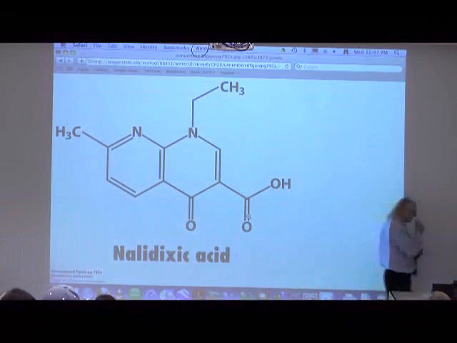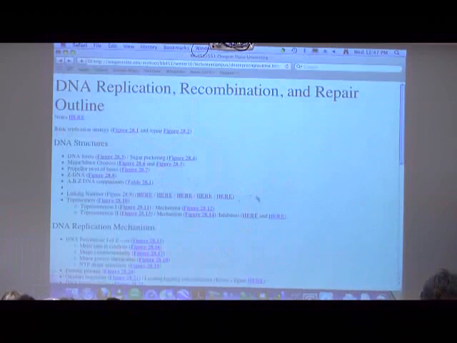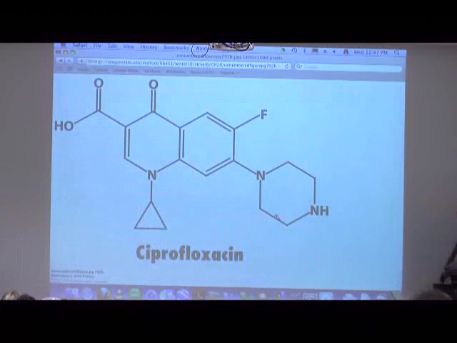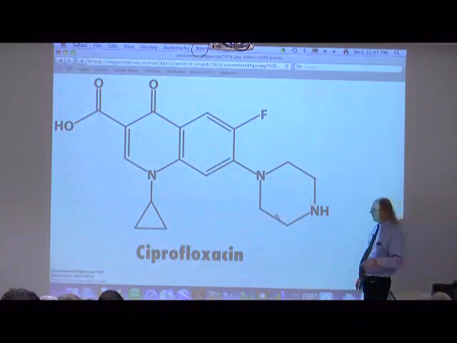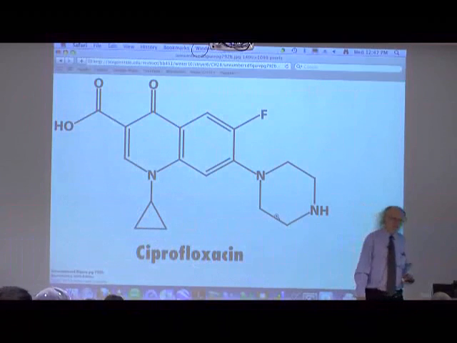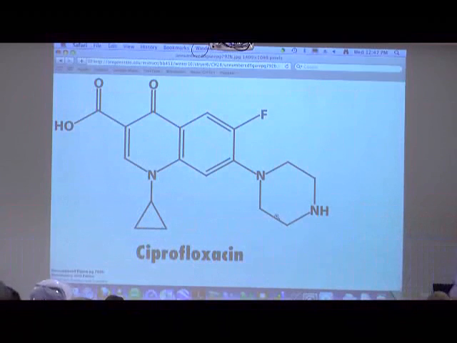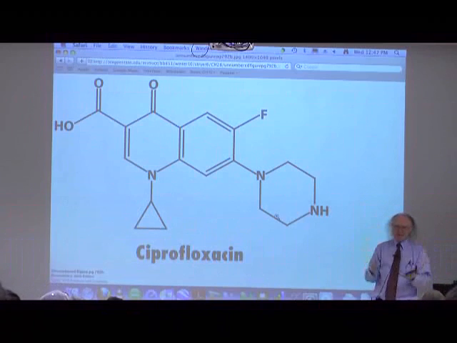Nalidixic acid, and again, you don't have to worry about the structures, but the names I think are important. Nalidixic acid and Cipro. You've heard of the antibiotic called ciprofloxacin. It's a relatively new antibiotic. Both work on DNA gyrase, and they inhibit the ability of the gyrase to interact with the DNA itself.